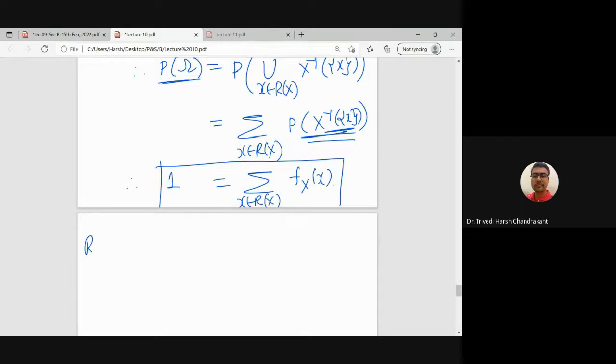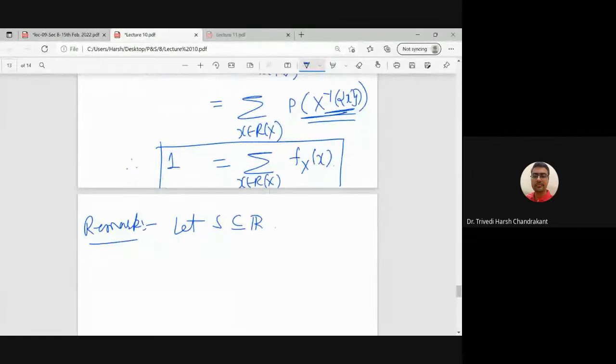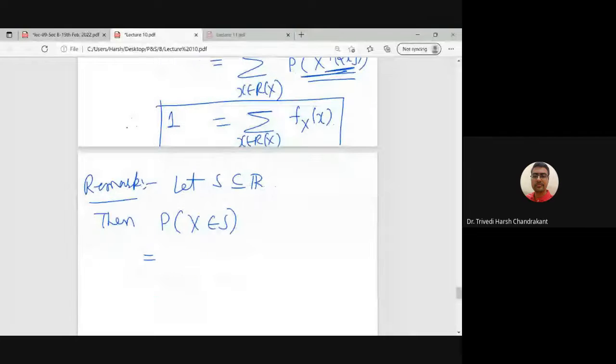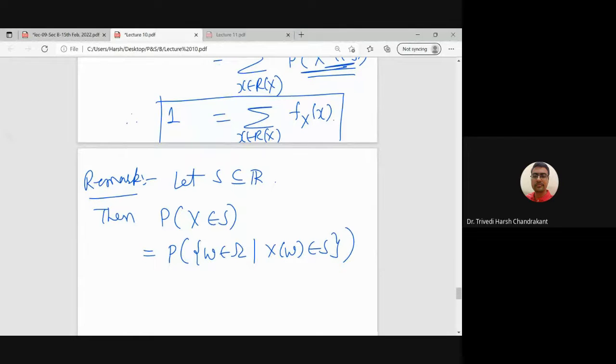Let us see one remark: if we have any subset S of the real line, then the probability that X belongs to S means the probability of those elements w of the sample space such that X(w) belongs to S. So essentially this is the inverse image of S under capital X, right?